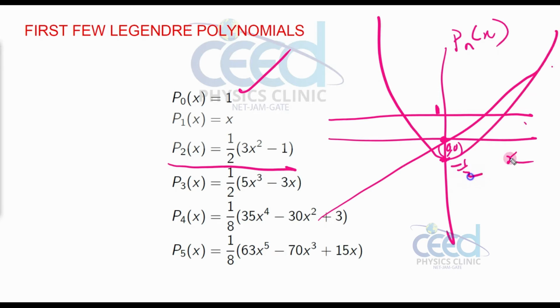Suppose here it is minus 1 by 2. And P3 of x is 0 when x is equal to 0. It is a cubic polynomial, so its graph is somewhat like this, a cubic polynomial graph. Based on that we can represent the different Legendre polynomials graphically.